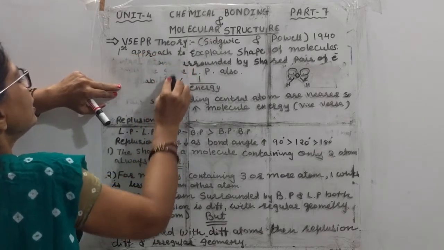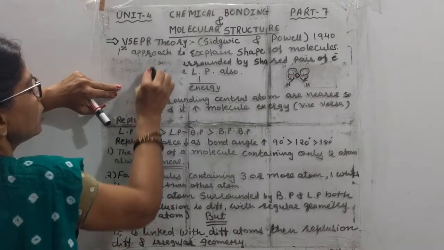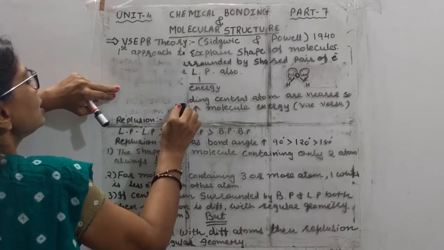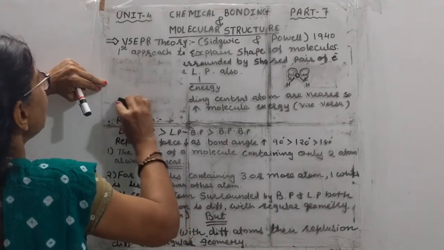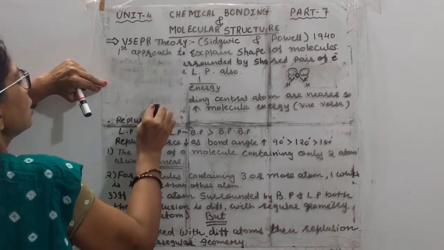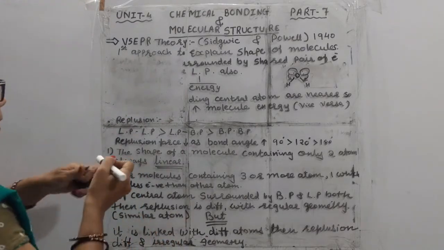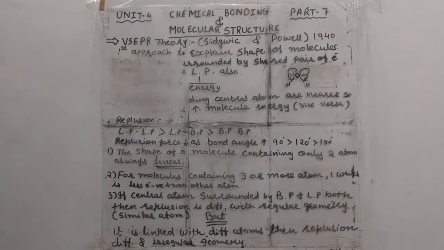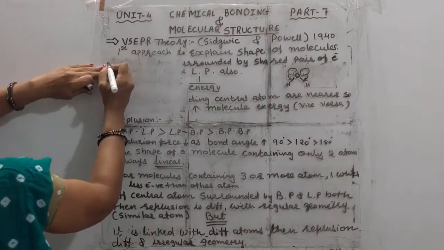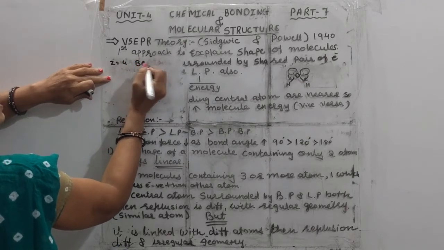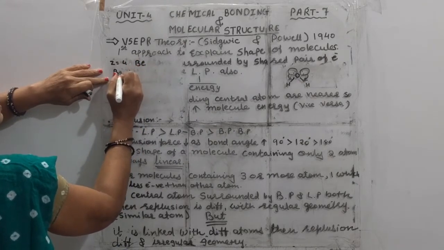As I said, it is having two atoms surrounding the central atom. So what is the atomic number of Be, student? Beryllium. So here we know that beryllium is having the atomic number 4, student. So Z is equal to 4 for beryllium, and we are taking the example of BeCl2.